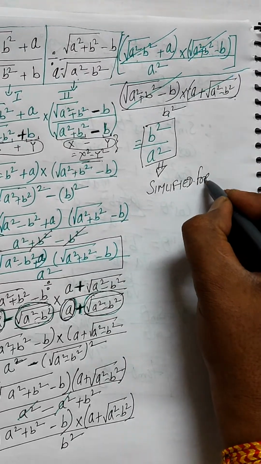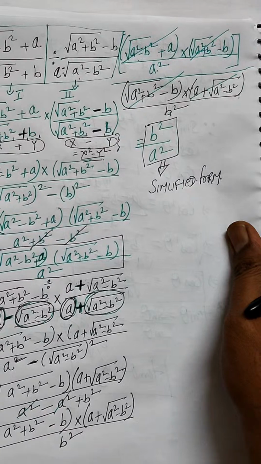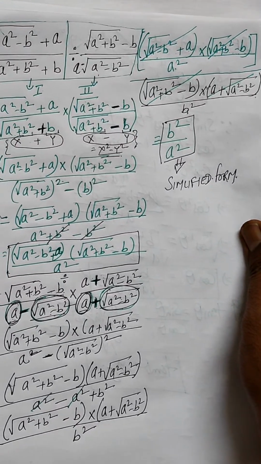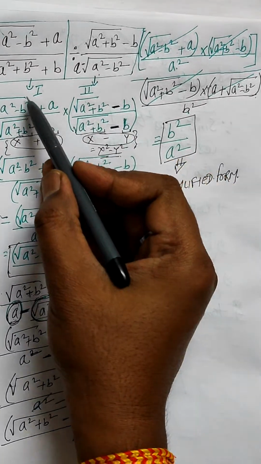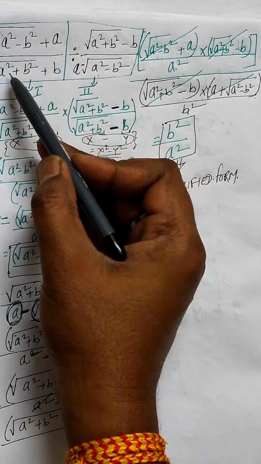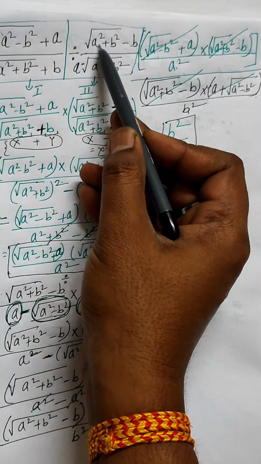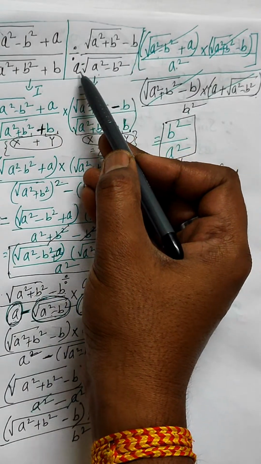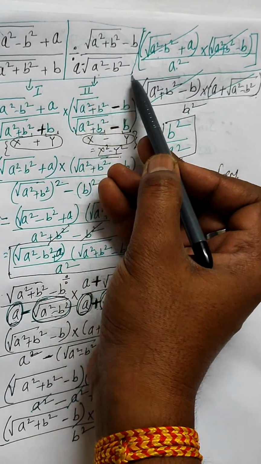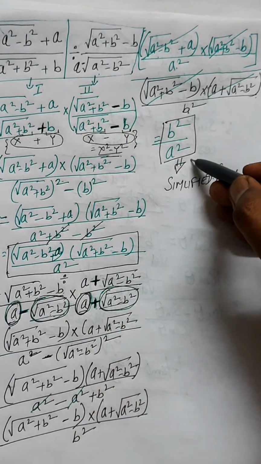Simplified form of what? Of root over of a square minus b square plus a by root over of a square plus b square plus b, divided by root over of a square plus b square minus b by a minus root over of a square minus b square. So this is your answer.